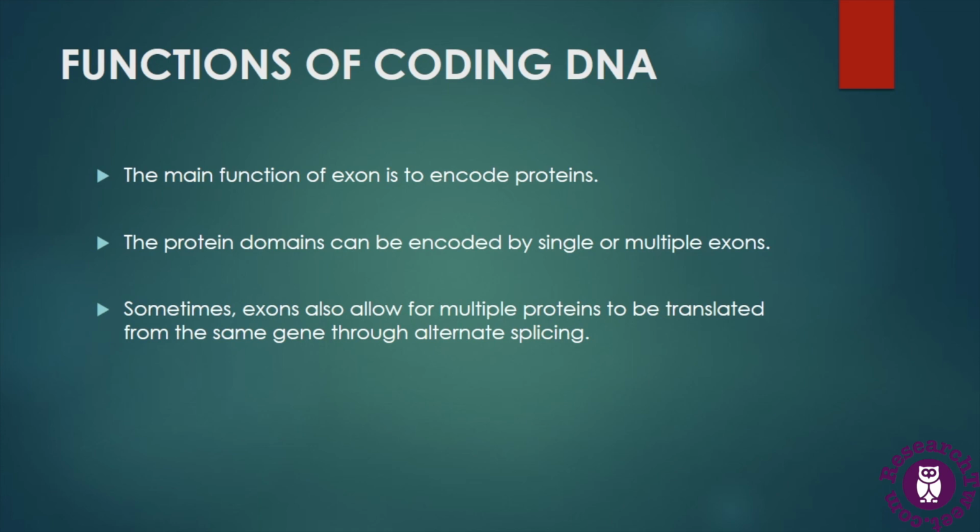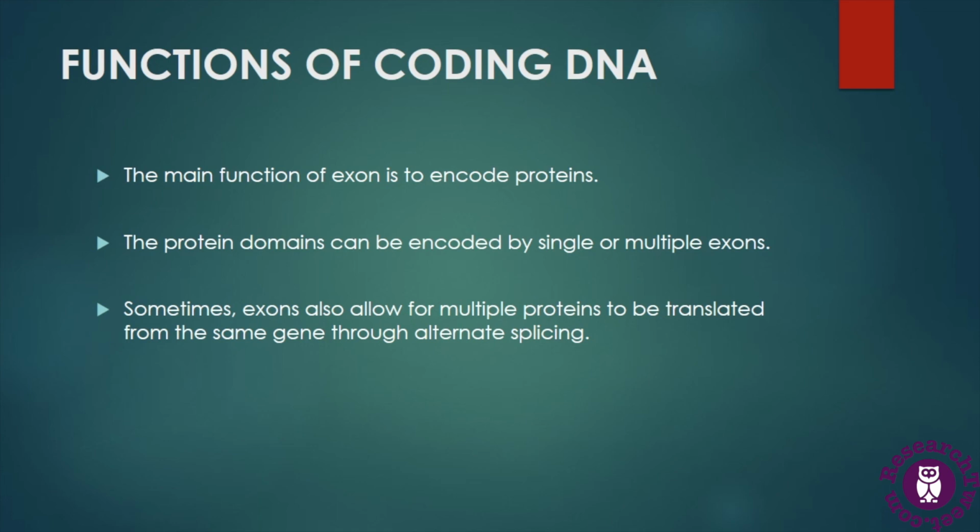Now let's discuss the functions of coding DNA and what the functions of exons are. The main function of exons is to encode proteins, because these DNA sequences have the ability to synthesize proteins from the DNA molecules.